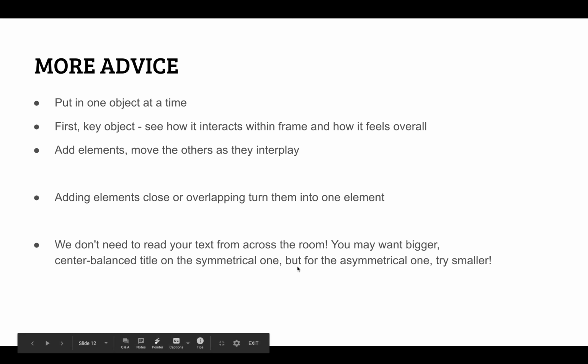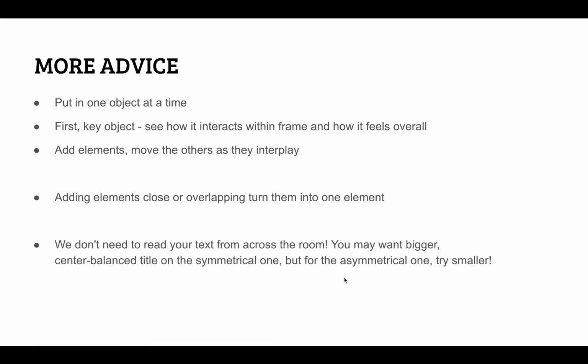And like I said, we don't need to read your text across the room, right? So don't be afraid to make your text, as long as it's not microscopic, it should still play a role in being a focal point. The three main focal points you're probably going to have are some object, the name of your book, and the author name. But you may add more objects, right? You don't have to have only one object. It just depends on what you're going for.